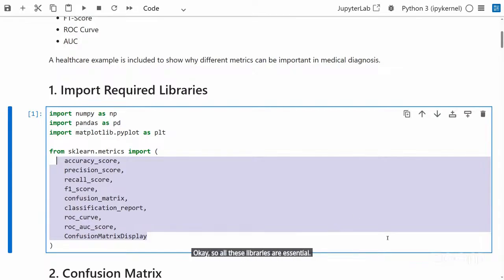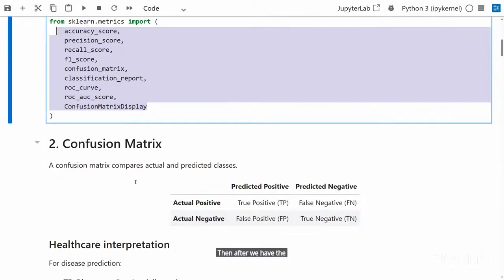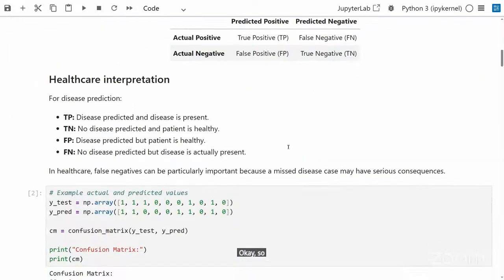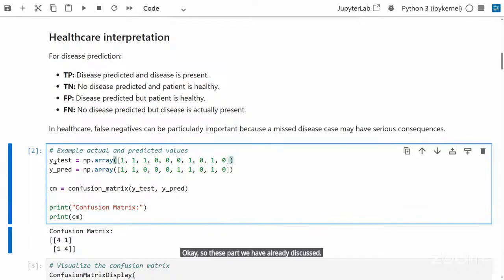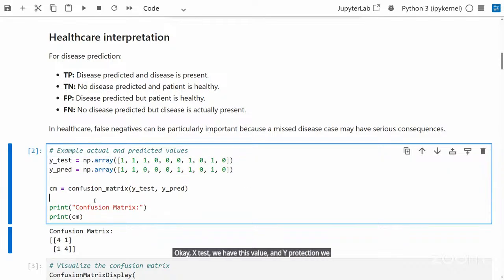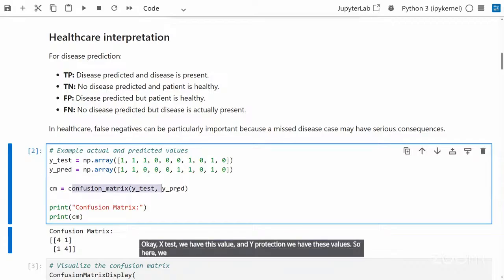Then, as we discussed, we always start by using the confusion matrix. This part we have already discussed. Here is the example: X test we have these values and Y prediction we have these values. So here we are creating the confusion matrix.